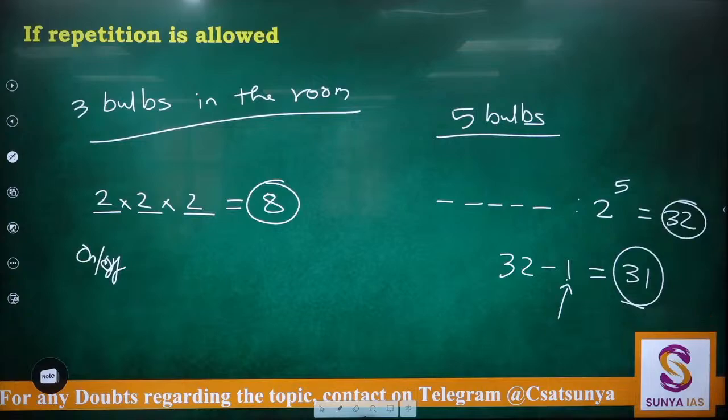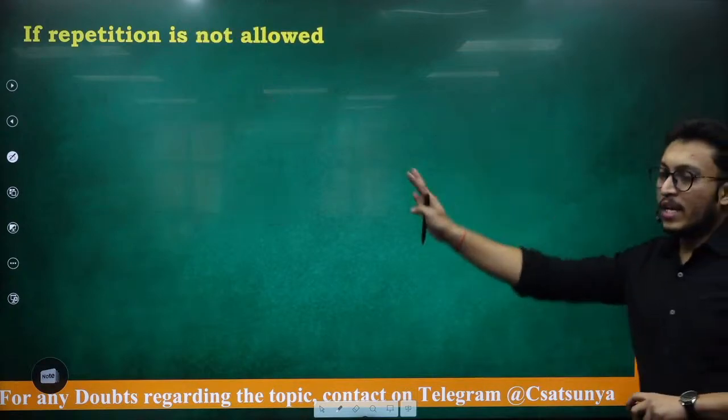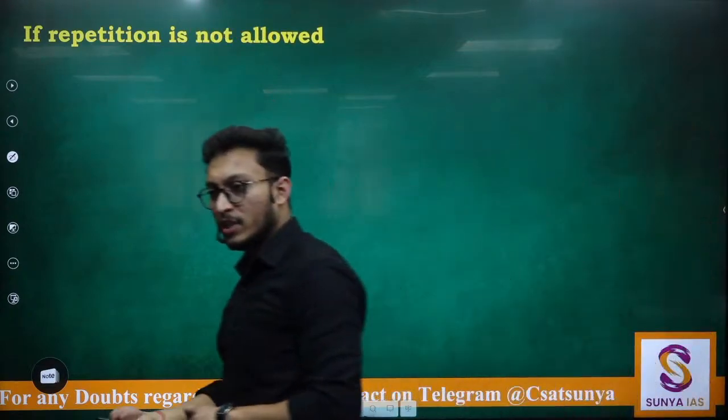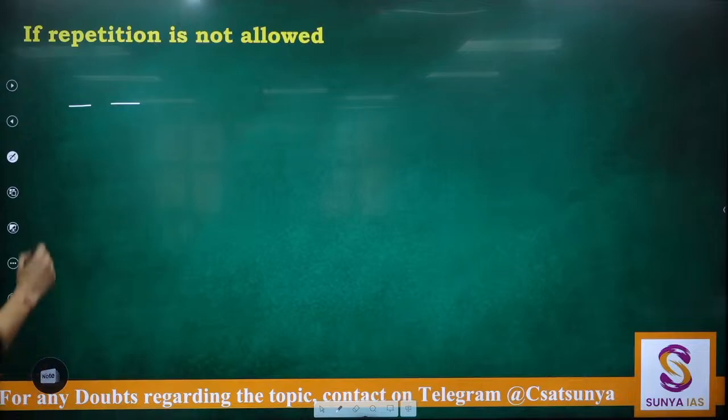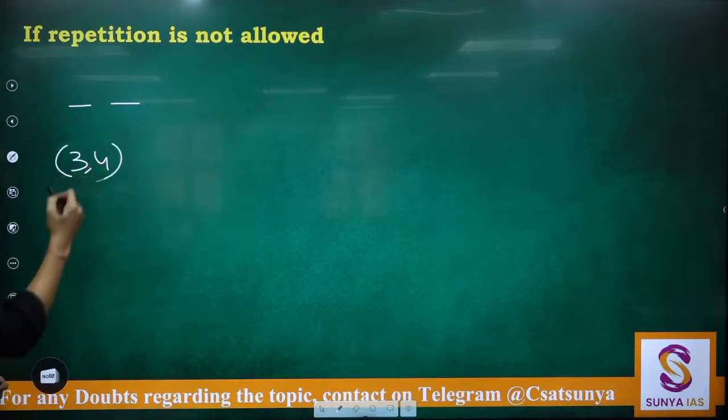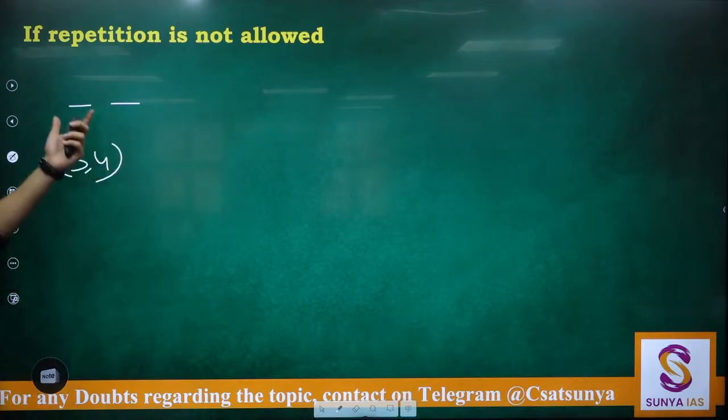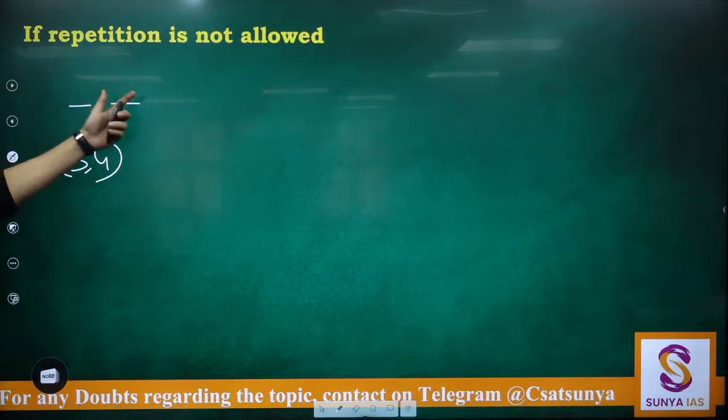Fine. Abhi tak repetitions were allowed. Next, we'll move to repetitions of the things are not allowed. Let's go back. You need to form a 2-digit number using digits 3, 4. How many 2 digits you can form using the digit 3, 4? 2 only. How?